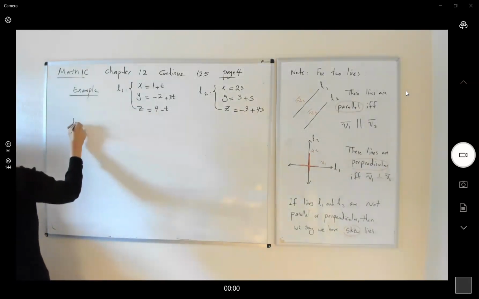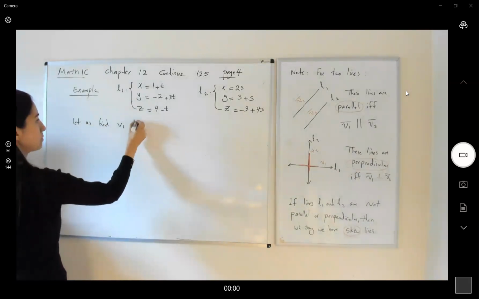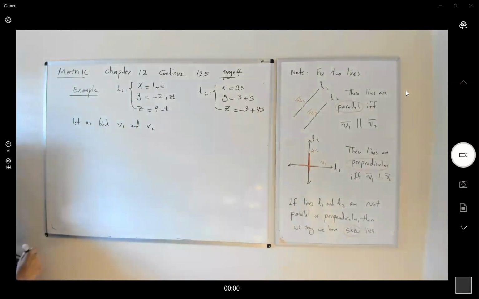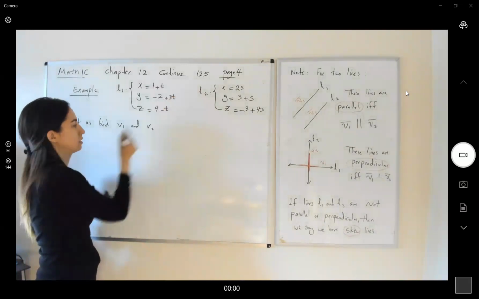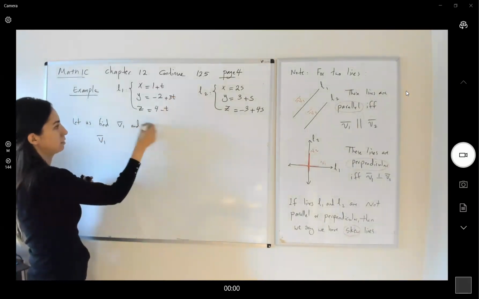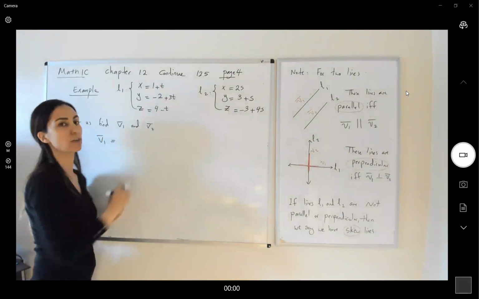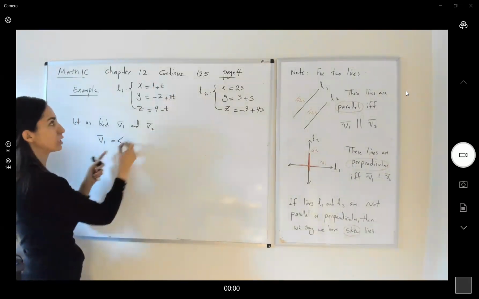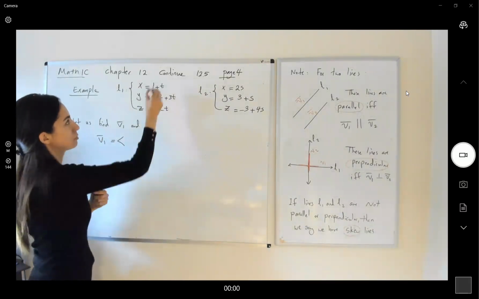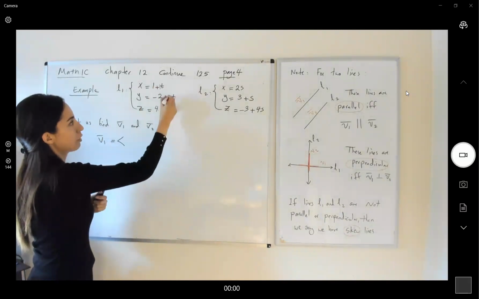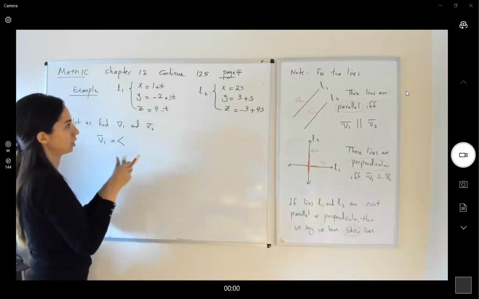So let us find V1 and V2. V1 has components that are actually coefficients of your parameter. So V1 is 1 times t, 3 times t, and minus 1 times t.